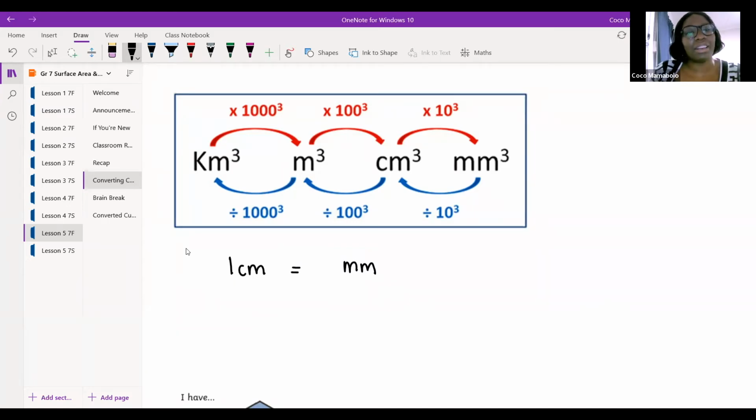Good, it's 10 millimeters, okay. It's 10 millimeters, excellent. So if I asked you guys, if I have 2 centimeters, how many millimeters am I going to get? Good. I'm going to have 20 millimeters. Excellent.